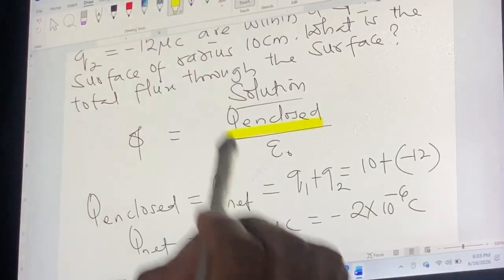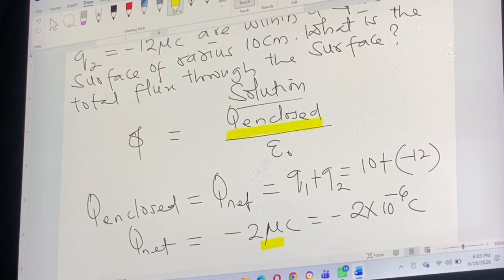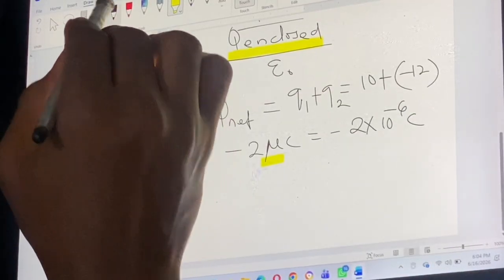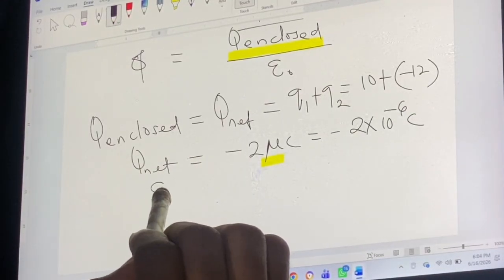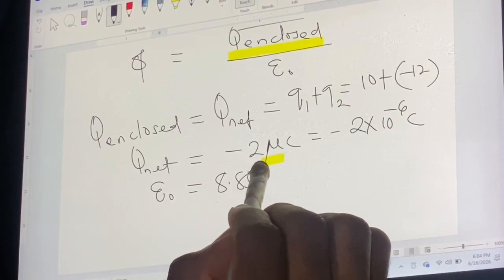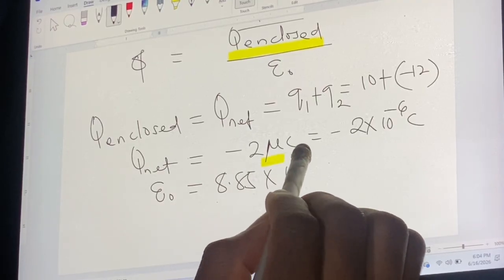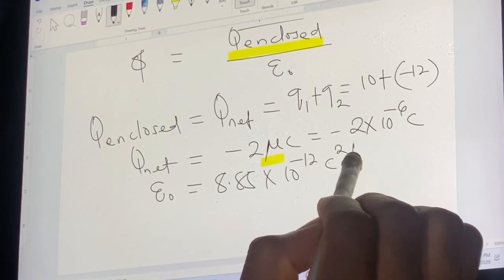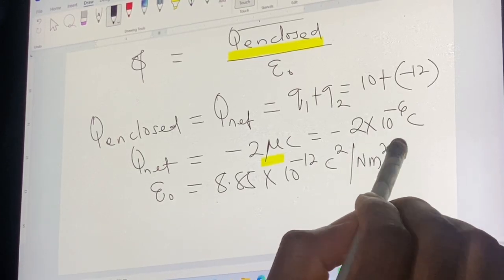This is a prefix here, micro, and the value is times 10 raised to the power minus 6, don't forget. So the epsilon naught here is 8.85 times 10 raised to the power of minus 12 in coulomb square per Newton meter square.